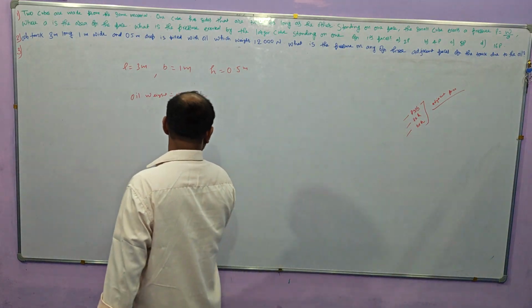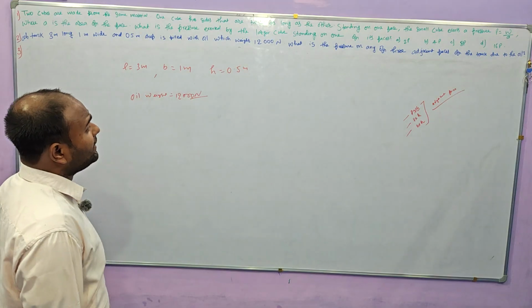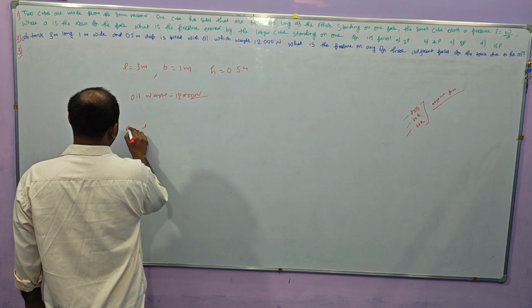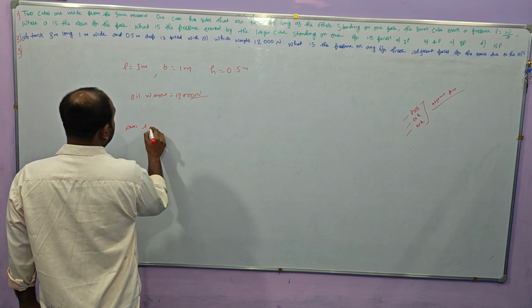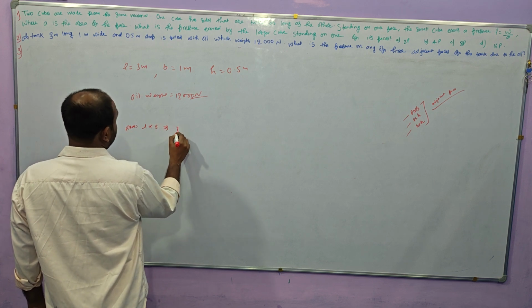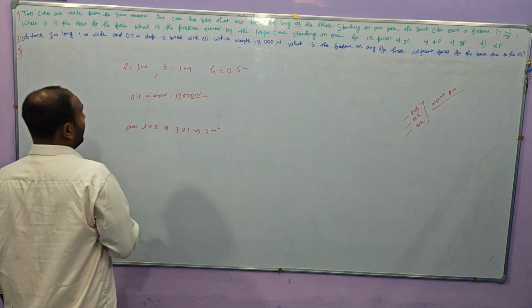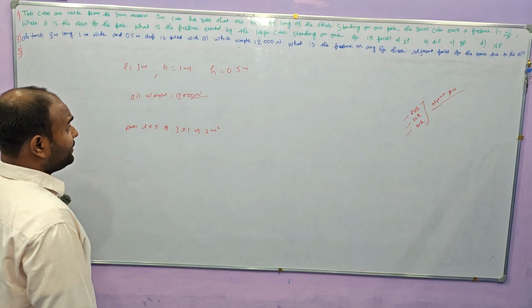So first we find out L into B. L into B is what? Area basically. L into B, that's 3 into 1, that is 3 meter square. And we know what is the pressure?